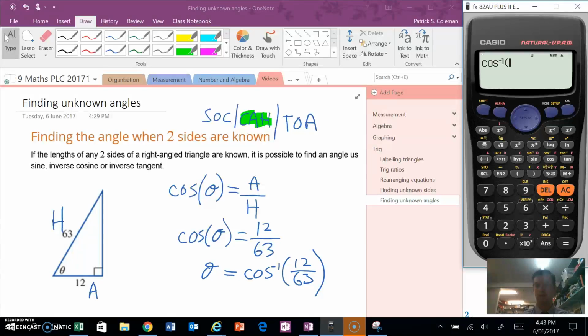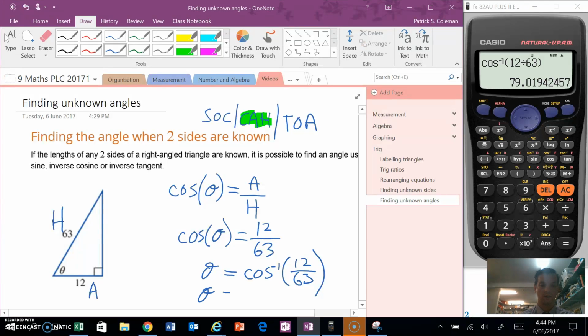So Shift cos 12 divided by 63, close bracket, theta equals 79.02 degrees. So that's how we evaluate the unknown angle using the inverse trig ratios.